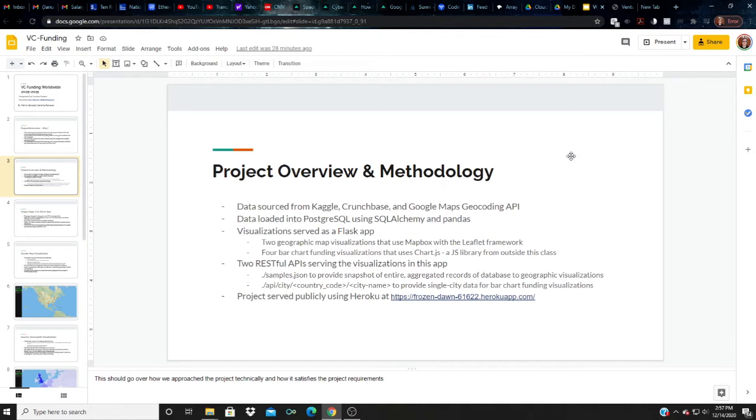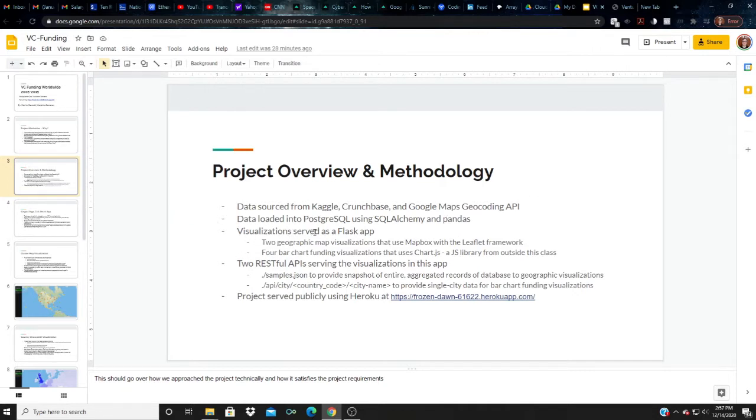This Heroku app actually does have a SQL container because they have different ways to do it with Heroku, just the way they deploy it. So it's got the free SQL container. And Pandas was used to clean the data and load it.